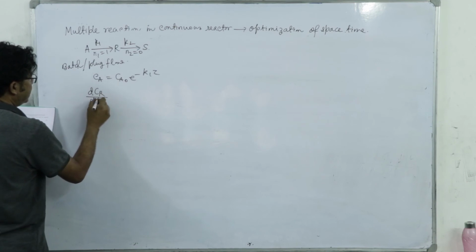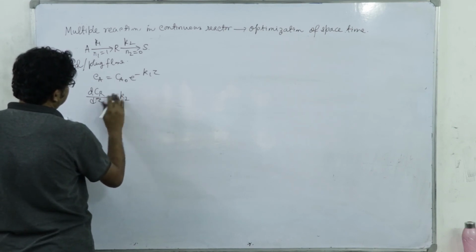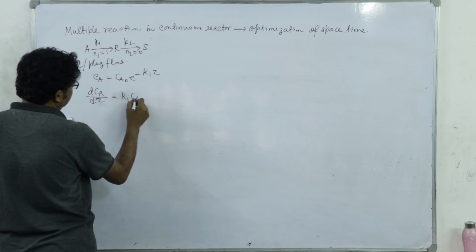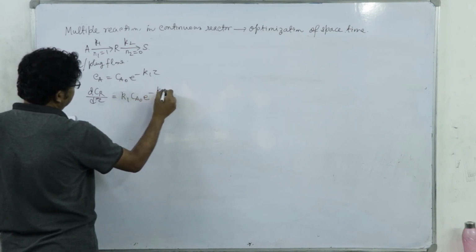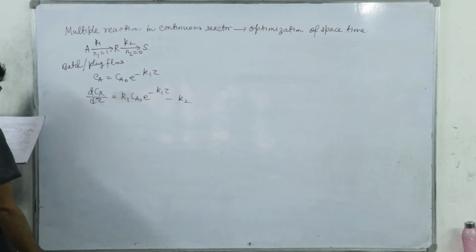dCr d tau plus k2 equal to k1 into Ca naught into e to the power minus k1 tau minus k2, right?